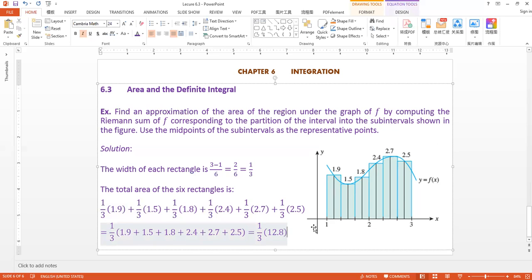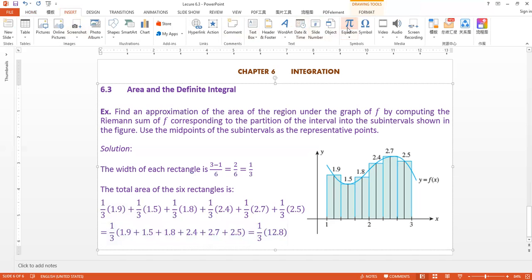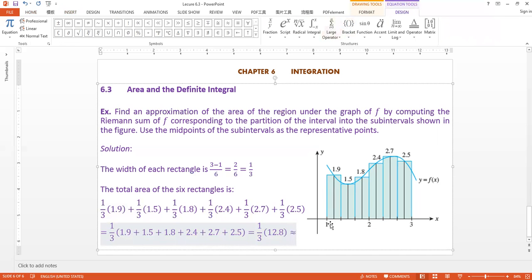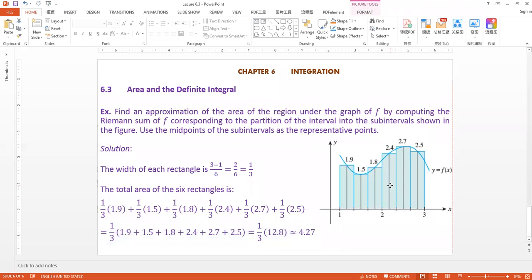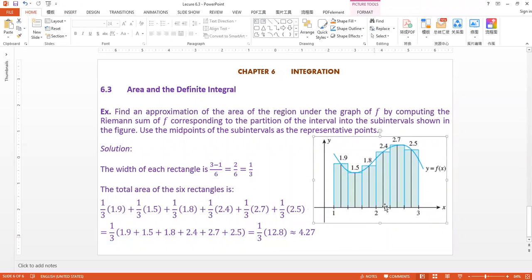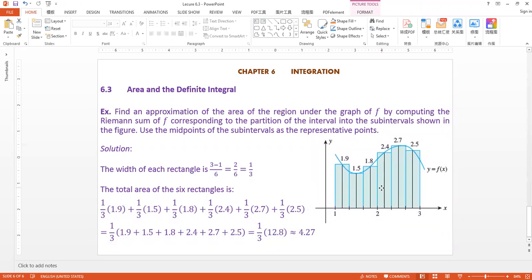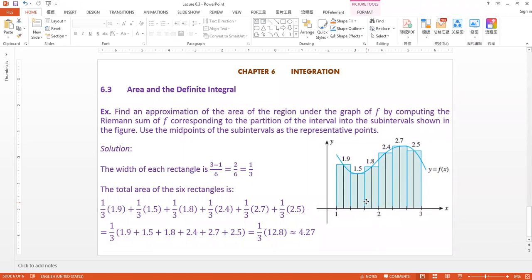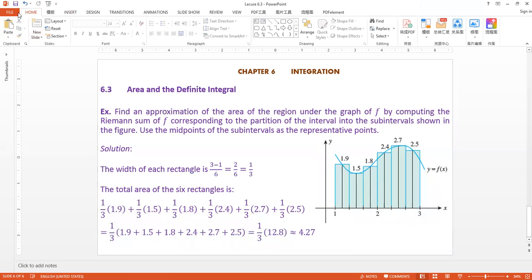So 1/3 times 12.8 turns out to be a decimal, approximately equal to 4.27, or about 4.3. So that's the answer.